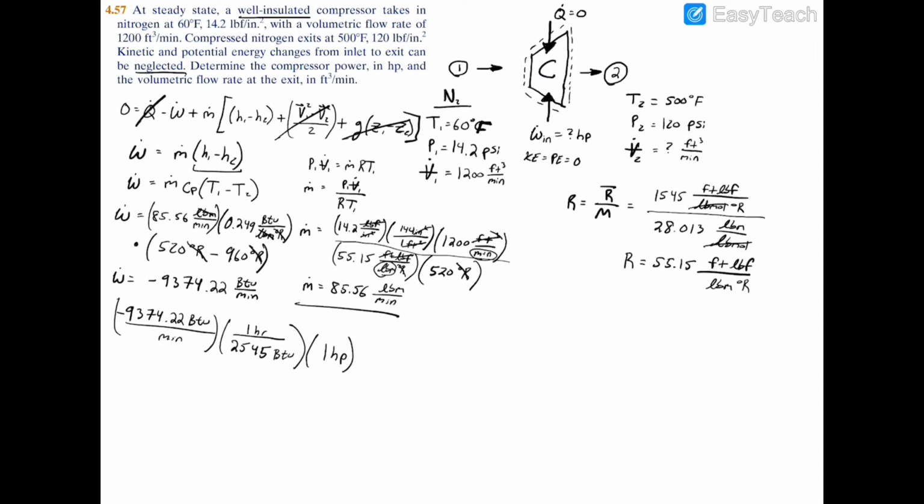So that's our conversion factor. And so now I need to cancel out our BTUs, but now we have minute and hour. So to get rid of that, we're going to multiply by 60 minutes per 1 hour. And if you do, your hour and hour will cancel out, minute and minute will cancel out. And as I can see, you are left with horsepower. So if you plug this into your calculator, you'll have that your W dot equals negative 221 horsepower.